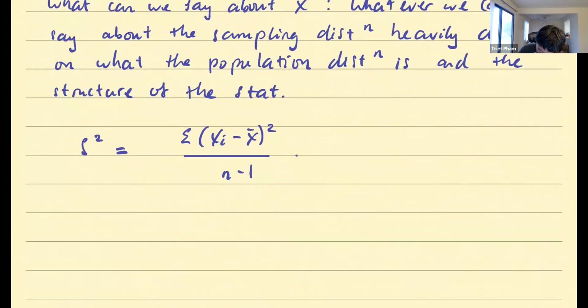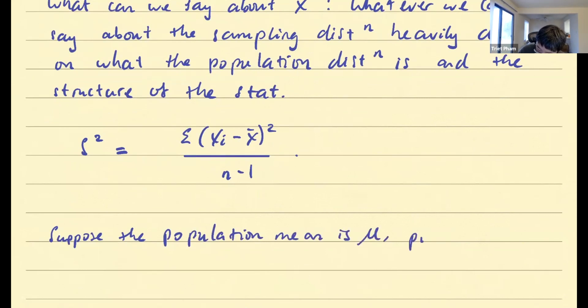So suppose the population mean is mu and the population variance, where "pop" from now on means population, is sigma square. These are constants, but unknown parameters.